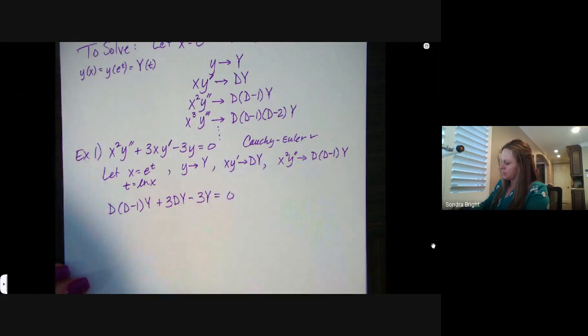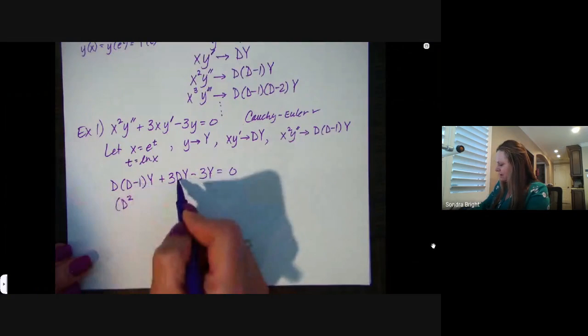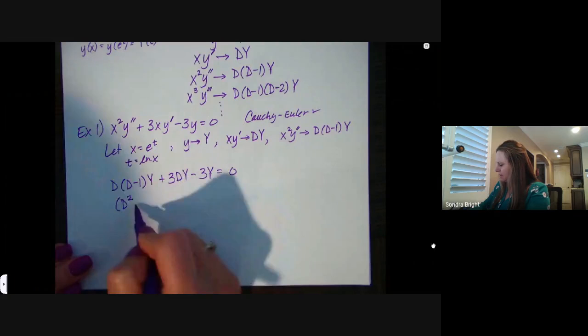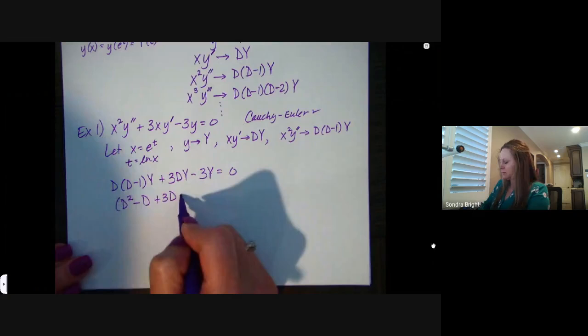All right, so then this becomes d squared minus d, plus 3d minus 3, operating on Y. So I factored out all the d's.